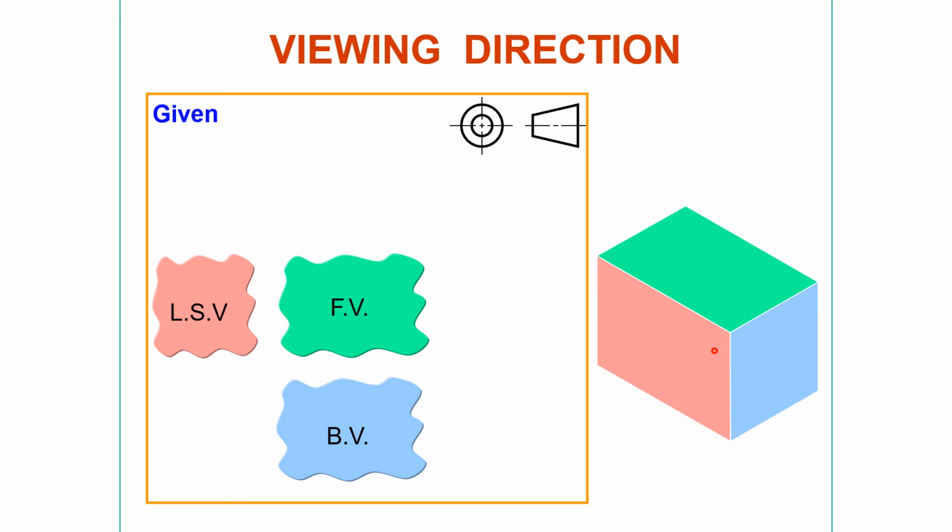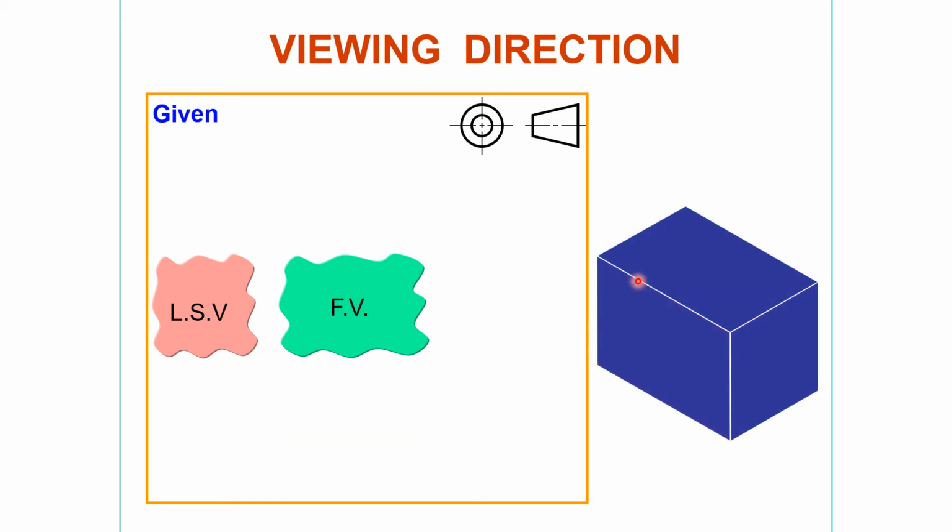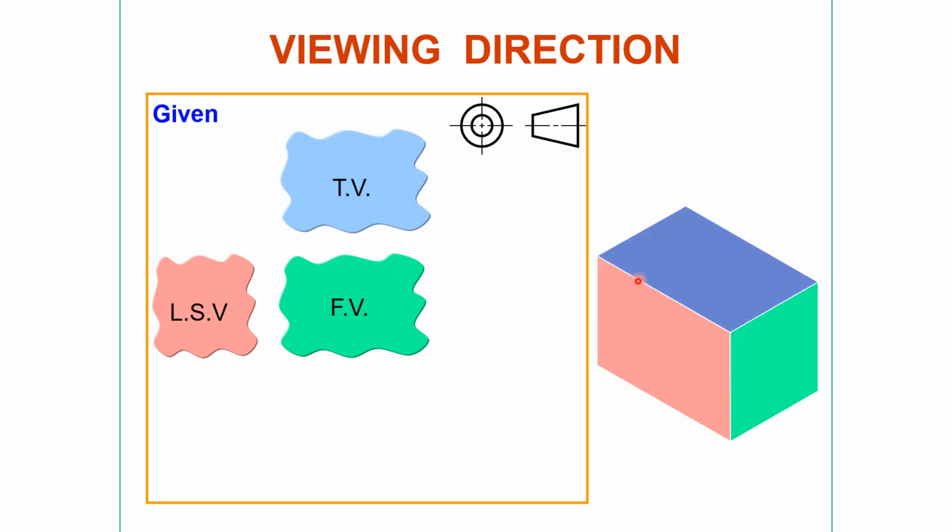So for that 3D object, definitely the other views will be from the other sides. For a rectangular box, these views will be the same: left side view, right side view, top view, bottom view.